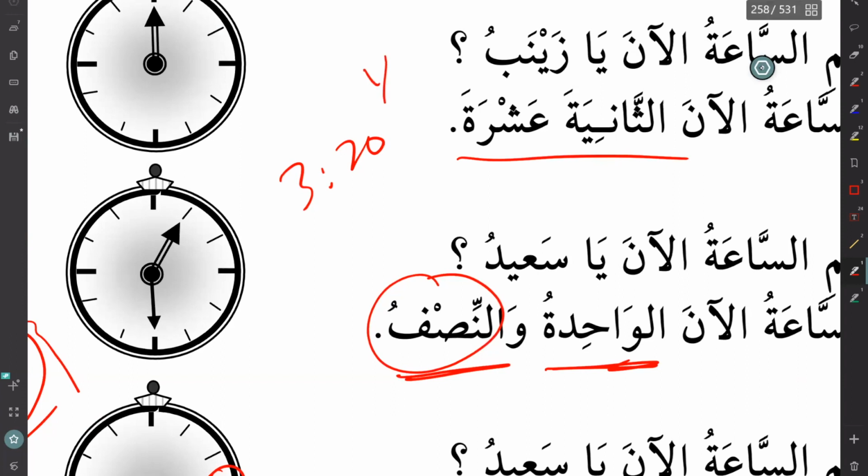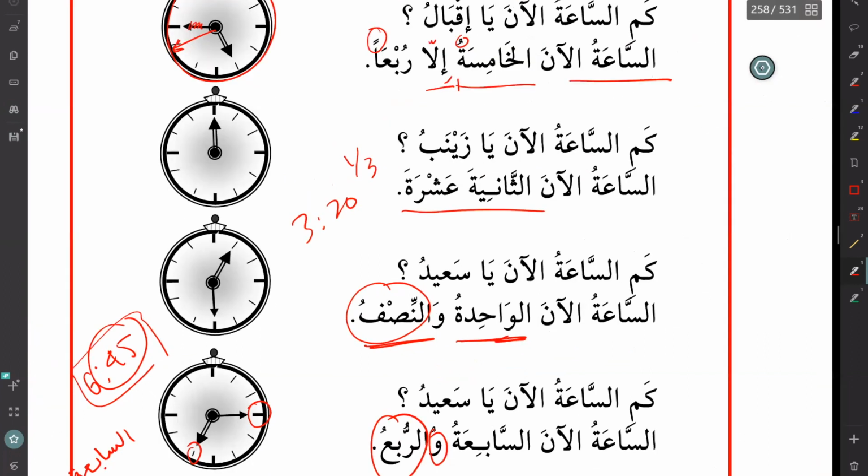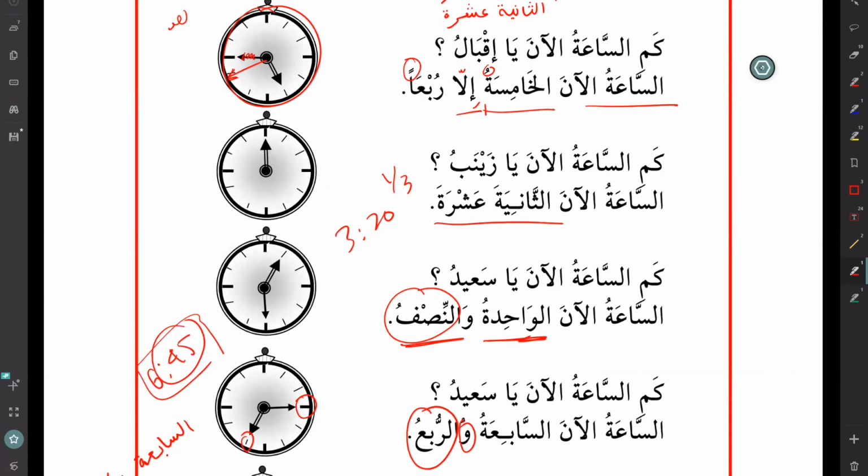Thuluth is 1/3. So once this one is you're a little bit comfortable, then you go with the illa, which is except. Meaning now you have to say how do you say quarter to 5, quarter to 7. Right now the book has to explain everything. I have to explain everything, but I'm giving you a step by step how you can master this, guys.